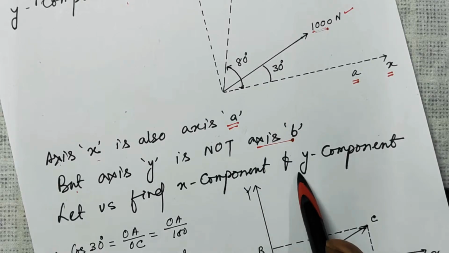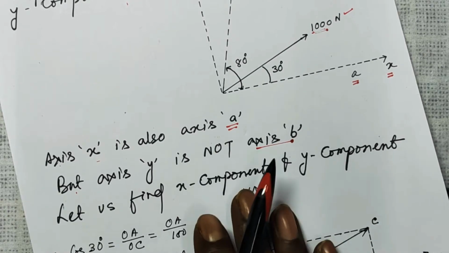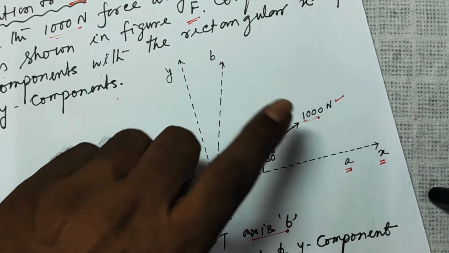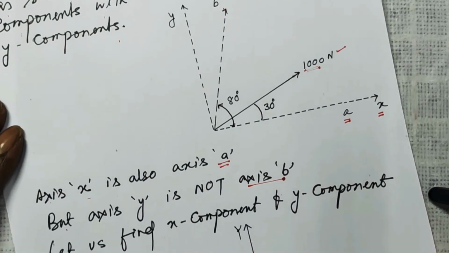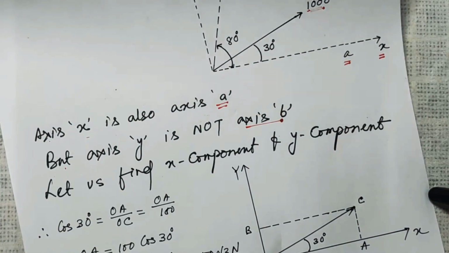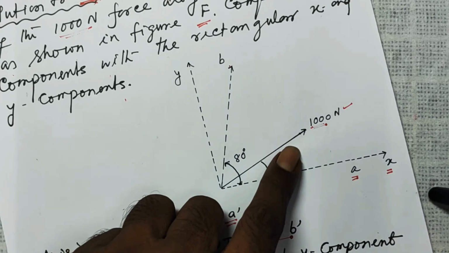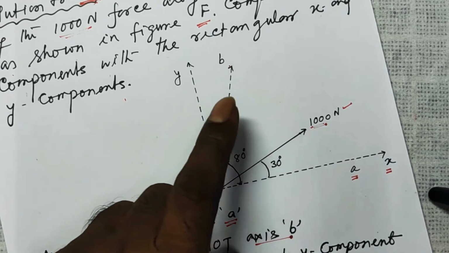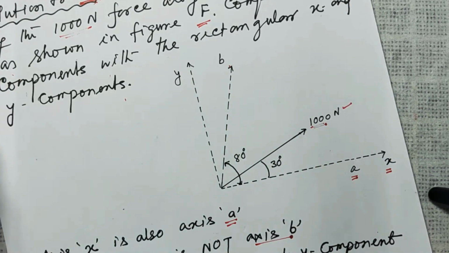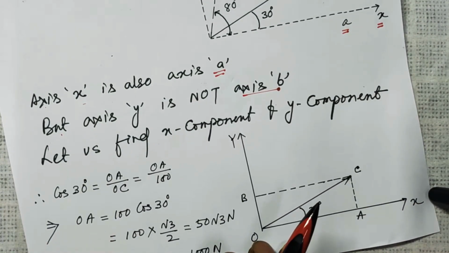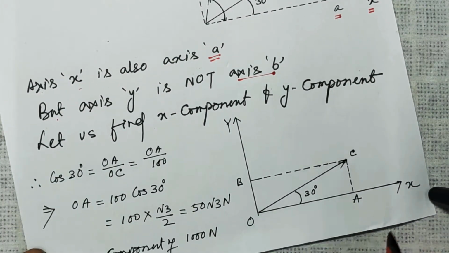Let us find the x and y components of this force along the x-axis and y-axis. So I have redrawn this diagram here for you, considering only the x-axis and y-axis.